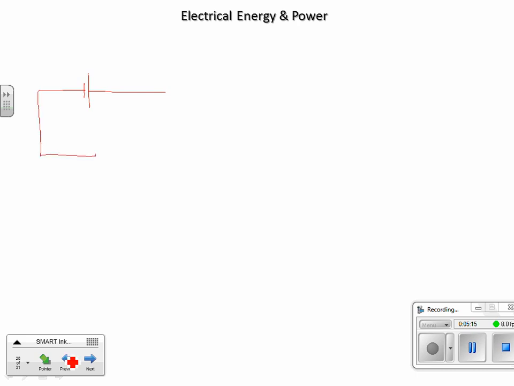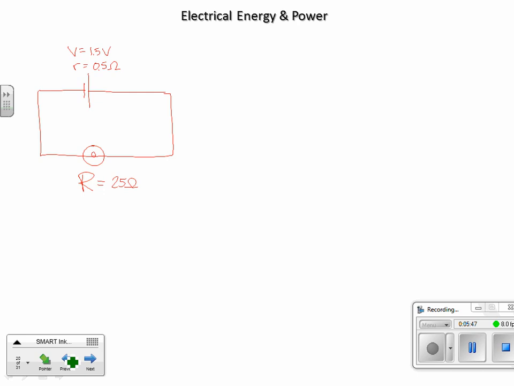Let's say this is a lamp, a simple flashlight circuit. Well, if we say that the cell has potential difference equal to 1.5 volts and some little internal resistance, say, equal to half an ohm, and the lamp has some actual resistance of, say, 25 ohms.